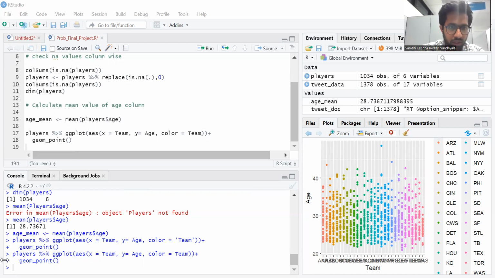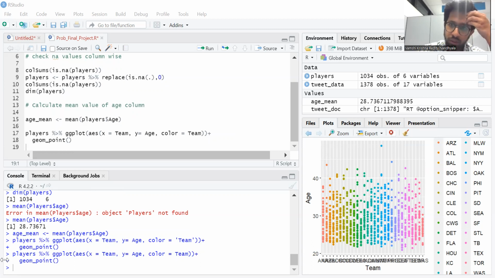If you could see here, the NYM team has a player whose age is more than 40. So this team consists of three players whose age is more than 40. Most of the team players are below 30, and very few players are in between 30 and 40.